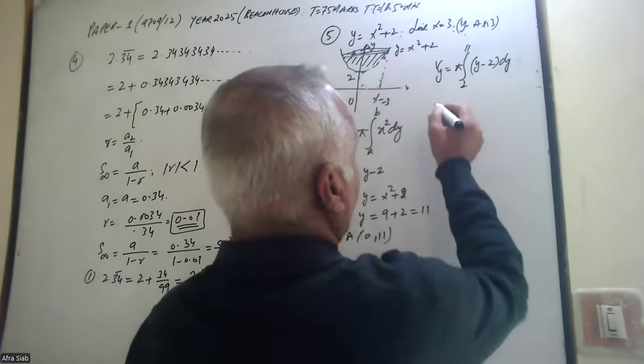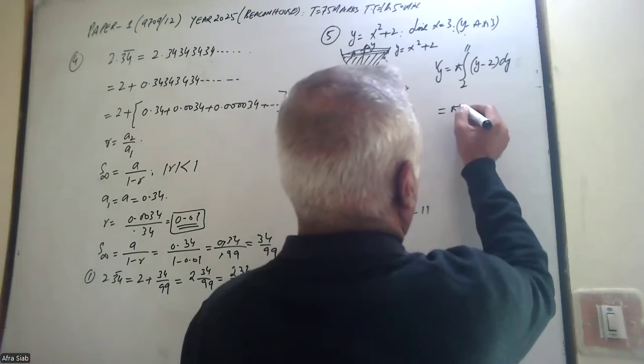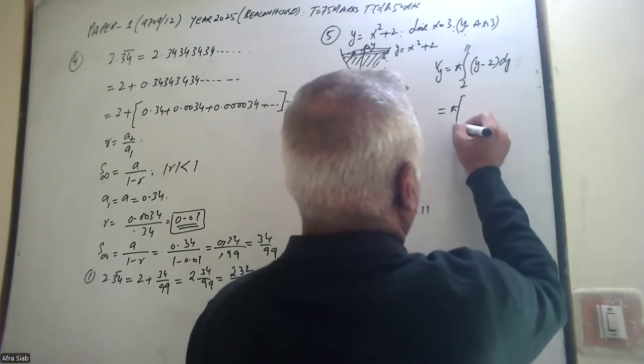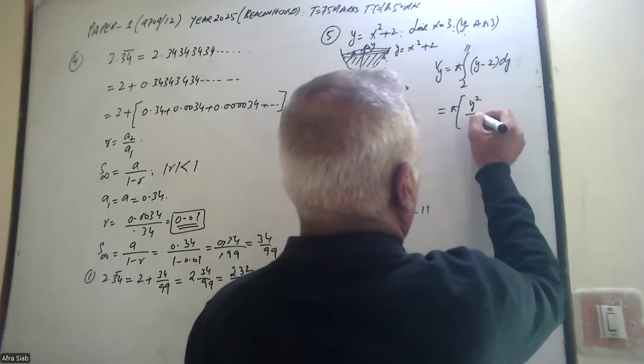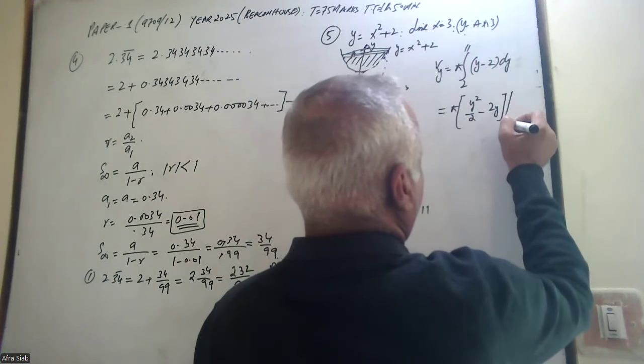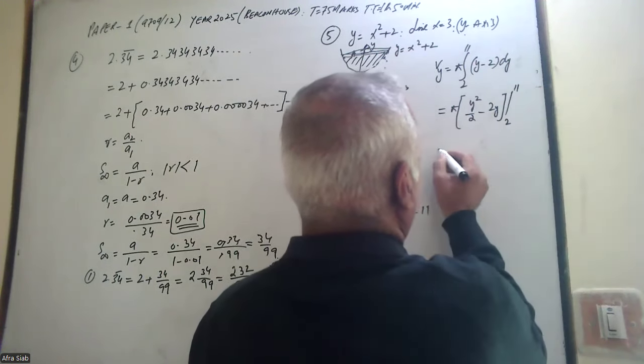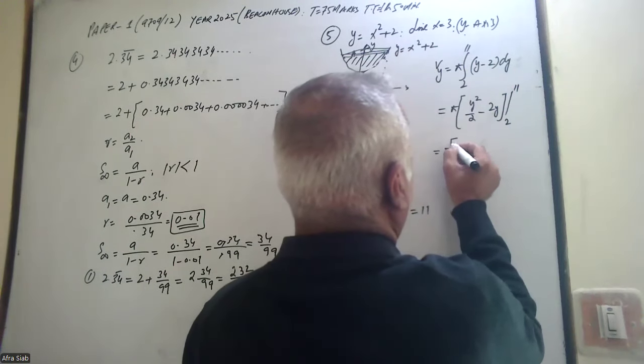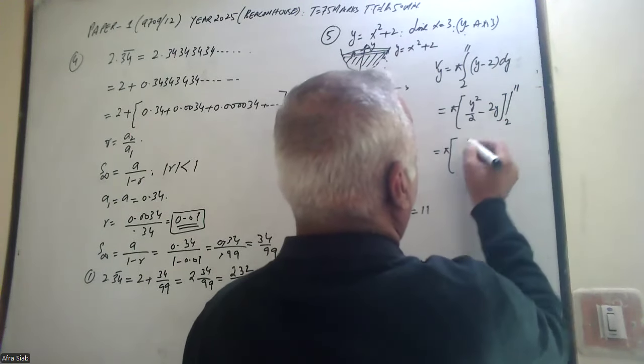So we know that it is equal to pi into y square over 2 minus 2y, and the limits are 2 to 11. Now we put the upper limit here.